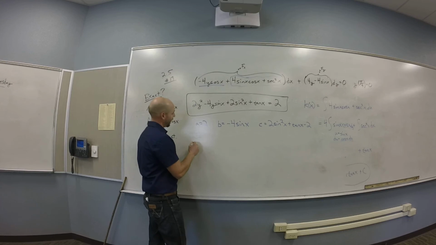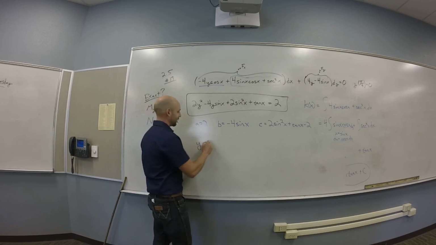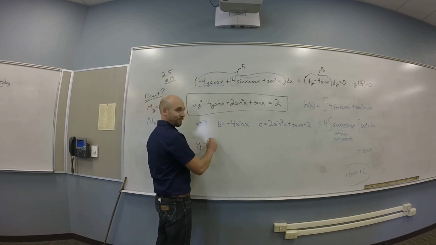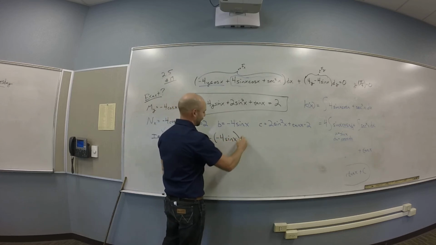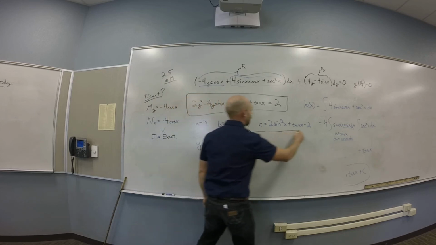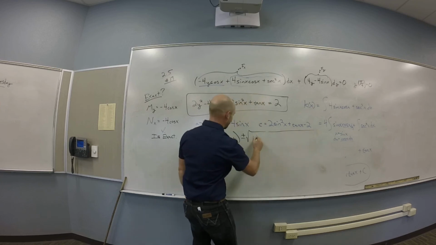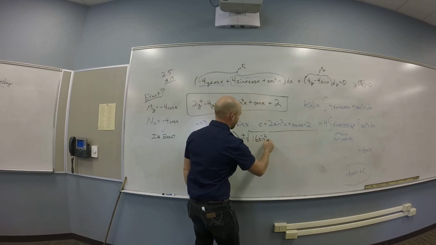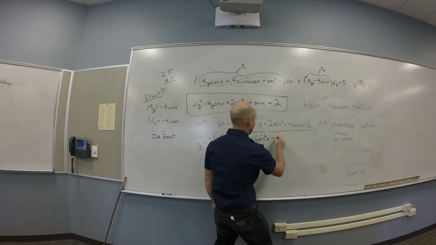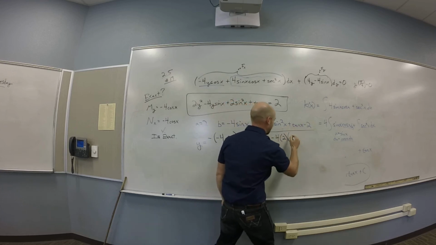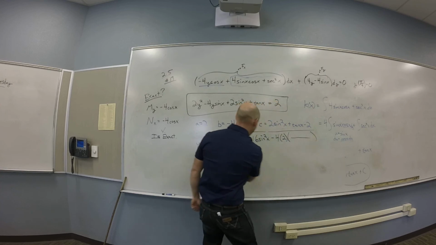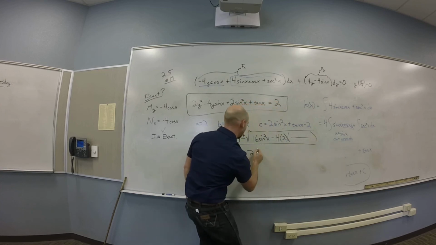Right, okay, so then y is negative 4 sine x plus or minus the square root of 16 sine squared x minus 4 times 2 times this, all over 2 times 2.